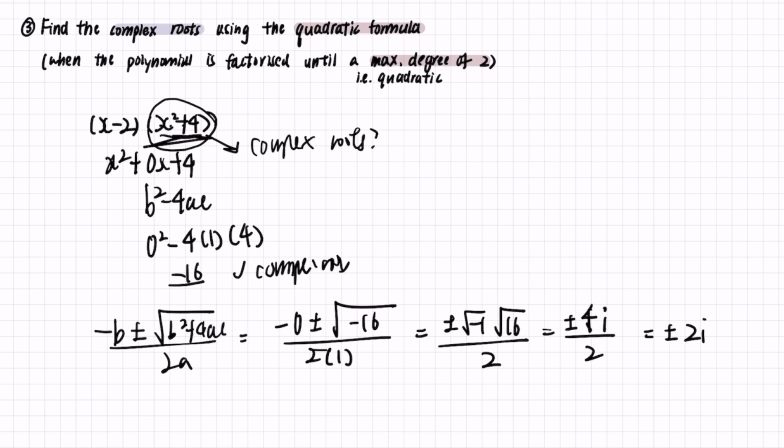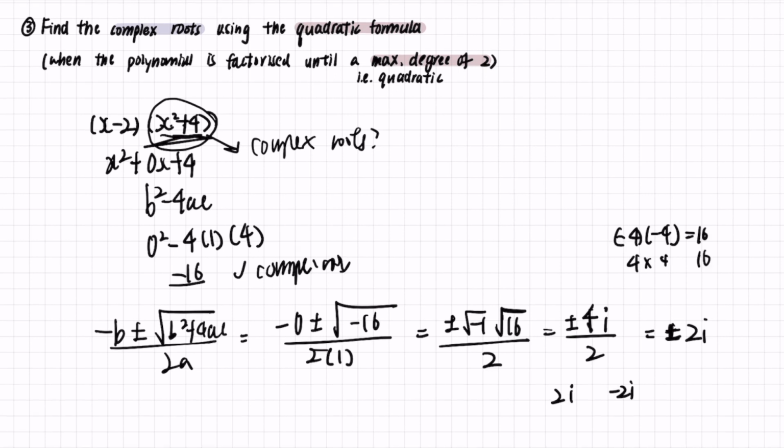Since for quadratic formulas this is plus and minus, because when you root a number, it can either be positive or negative. This relates to what I've said about conjugate roots. So if you write this into the fully factorized form into linear factors, it should be x minus 2 times x plus 2i and x minus 2i.